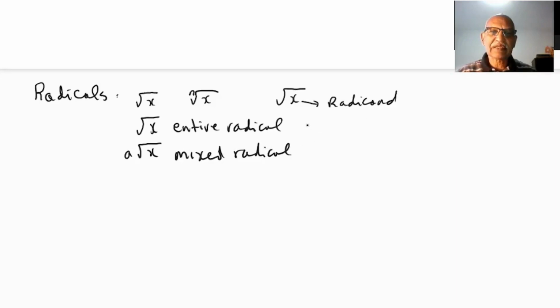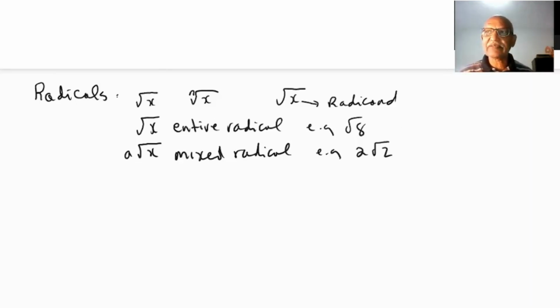For example, the square root of 8, and example 2 square root of 2, this is a mixed radical. So we are simplifying entire radicals to mixed radicals. To simplify that, we have to have one perfect square and one which is not a perfect square. So let's look at some examples.